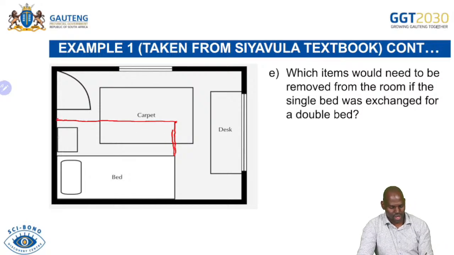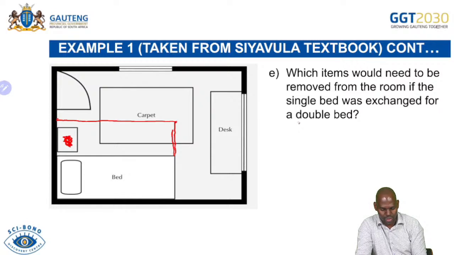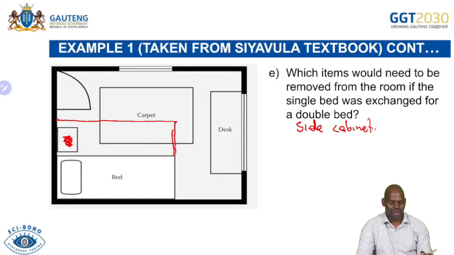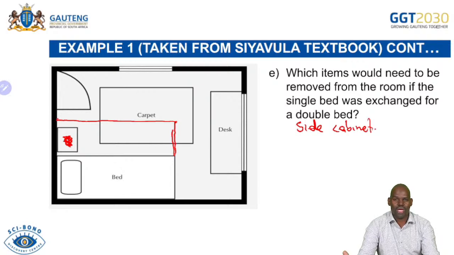So obviously you'll have to remove the side cabinet there. There you've got the side cabinet of the bed, so you'll have to remove it. Now, which items to be removed? This one will be the side cabinet. Okay, then the double bed will be able to fit.